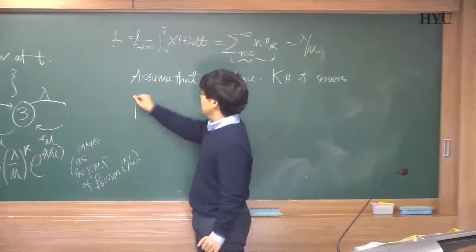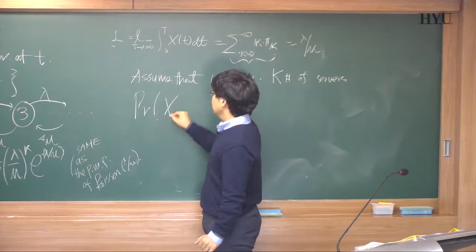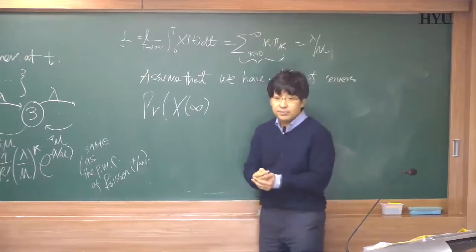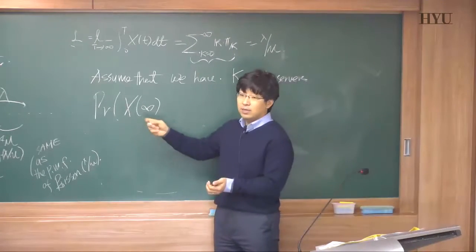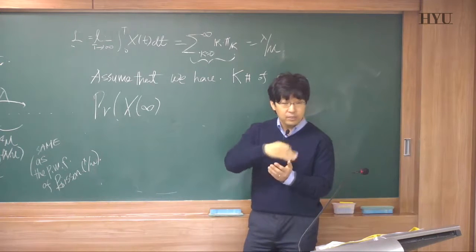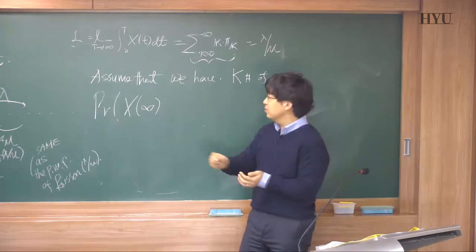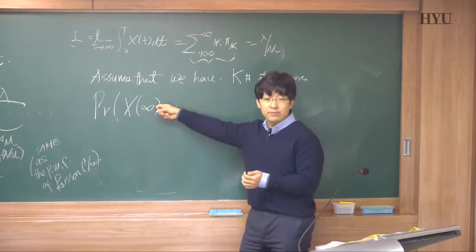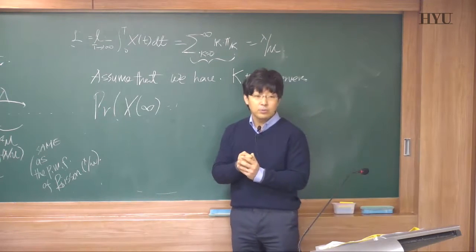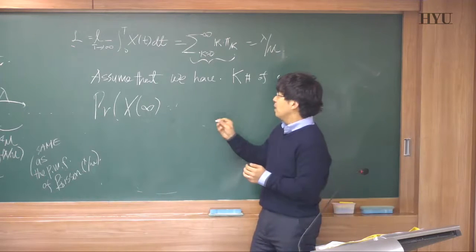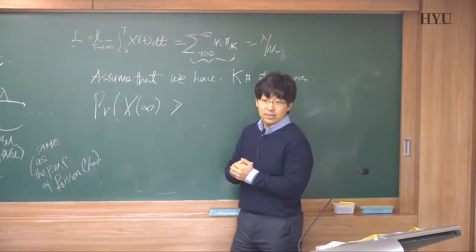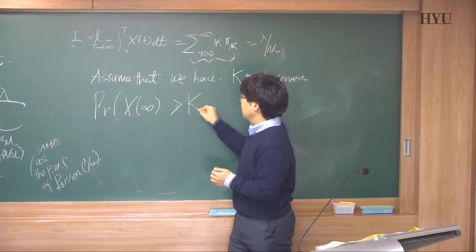So what is the probability that X(t), as t goes to infinity, so let's say infinite, okay? This one represents the long run. If t goes to infinity, the stationary distribution is k. If this one equals k, then this represents the stationary distribution of X(t). What if this one is greater than or equal to large K?